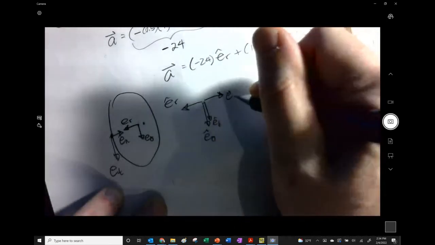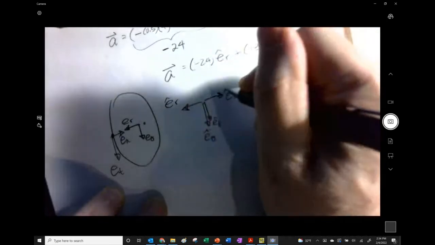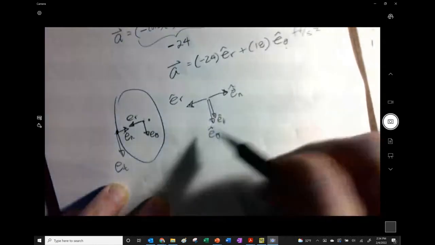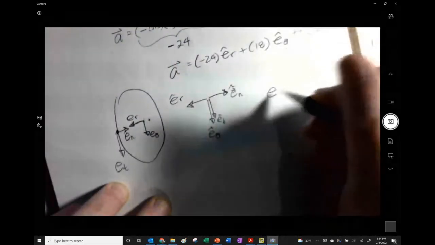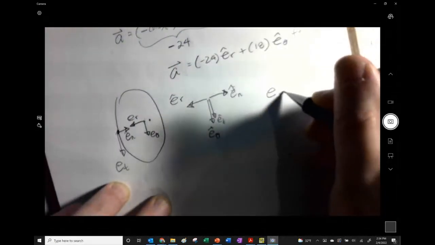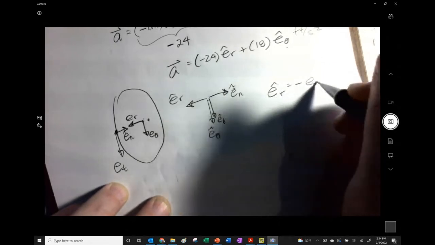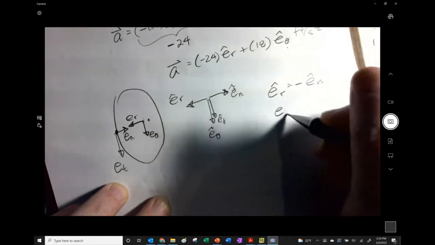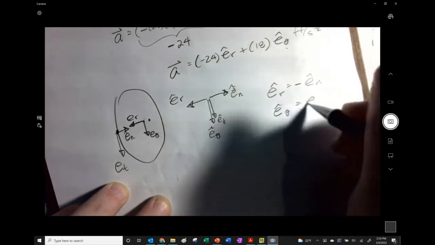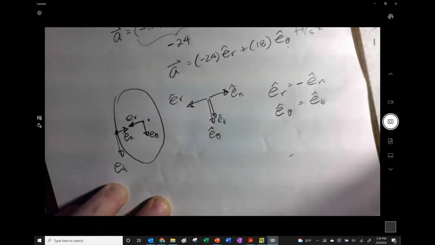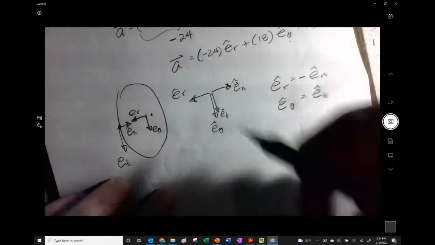So I don't even need to do a coordinate transformation. I could just know that my e_r is equal to negative e_n, and my e_theta is equal to my e_t, that they're aligned with each other.